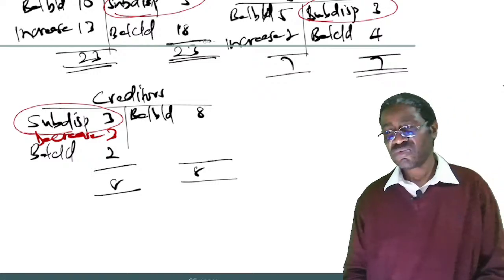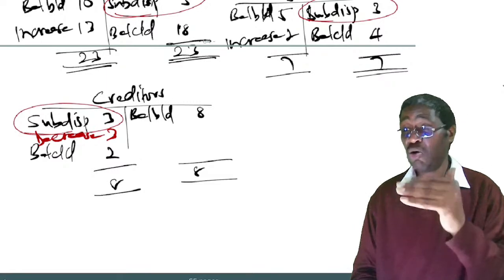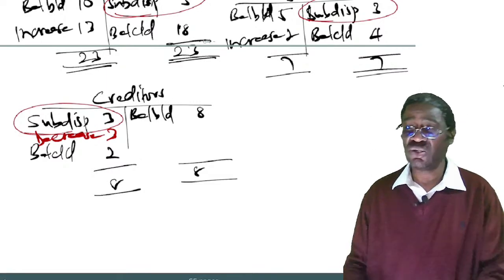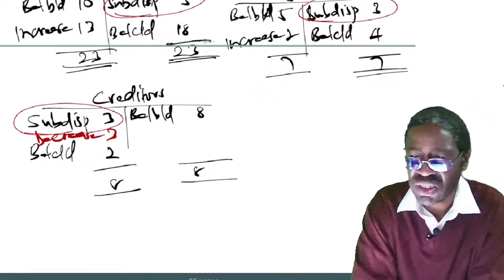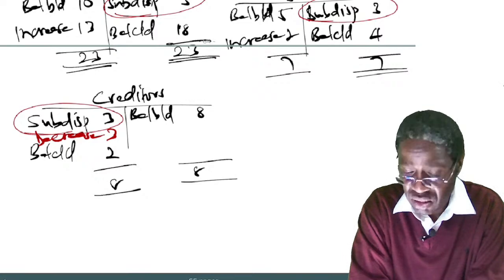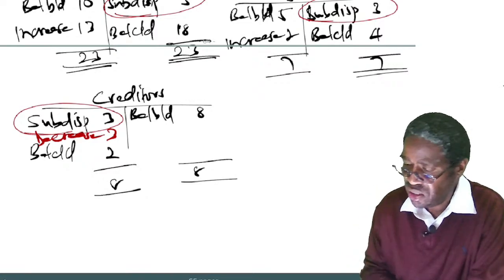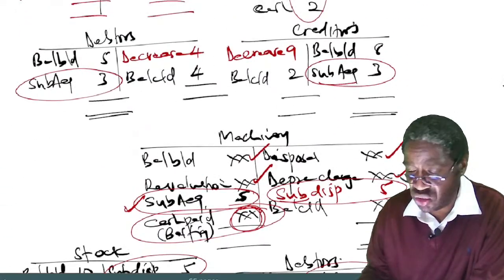Good. I hope so far you have understood how to deal with assets and liabilities. Before we continue, let's put down a summary note as per that subtopic. Have a subtopic called acquisition.